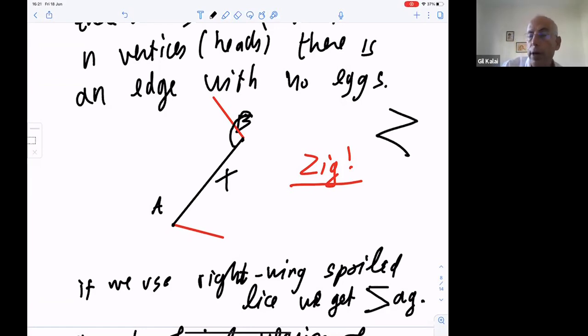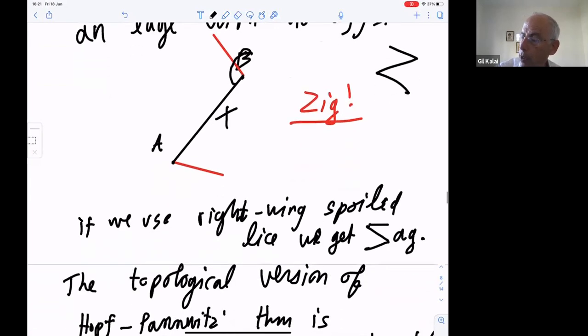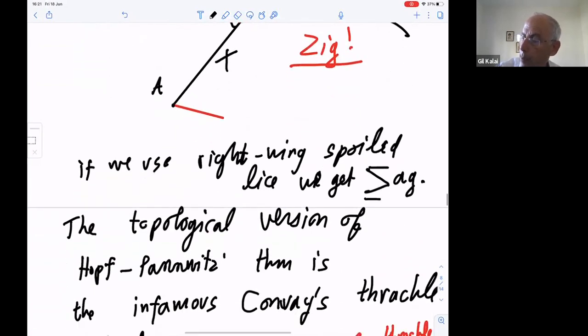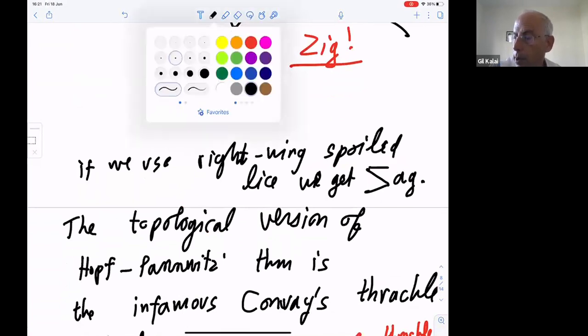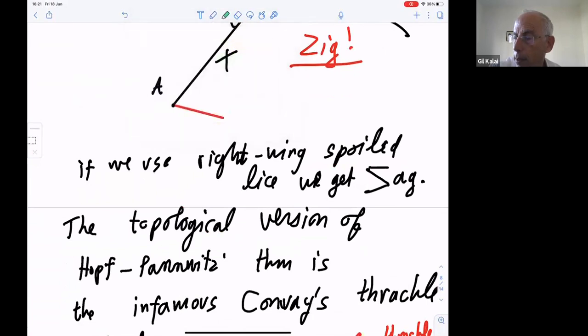And if you use right-wing spoiled lice rather than left-wing spoiled lice, you get the mirror image of this configuration. You get a zag, which is something like this. Okay, so this is a very simple proof.